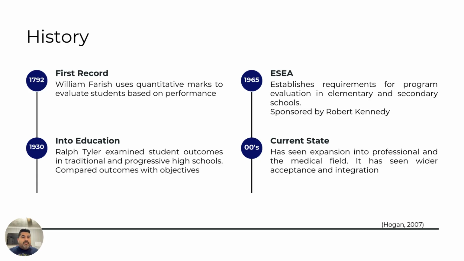That it wasn't just, hey, here's some funds and you use them the way you've been usually using them, and not determining whether the programs you're using them on are effective or not. And then nowadays, it's very much more intertwined and integrated into different types of fields. So you see it predominantly in the medical field, education, but also now in the professional field as well.